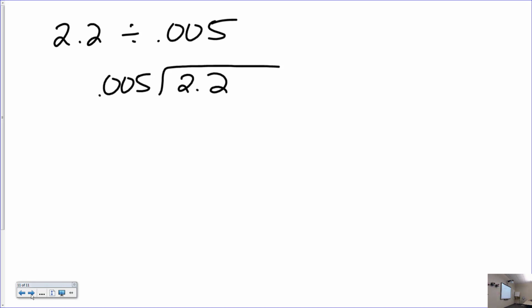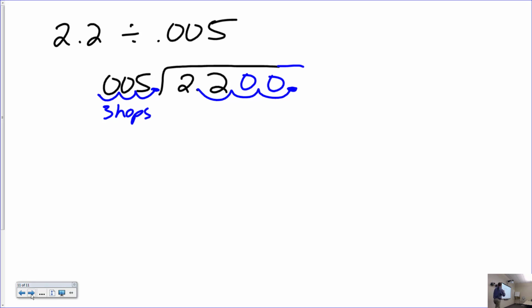So now, how many times do I have to move that decimal? 3, right? If I hopped it 3 times, what do I have to do in the house? 3 hops, right? 1, 2, 3. Here's my decimal point. What do I put into those blank spots? Zeros, right? Again, that's what happens when you move the decimal around. And really what we're doing is dividing 5 into 2,200. That's all you're really trying to do.